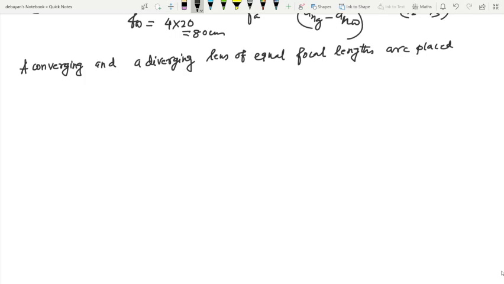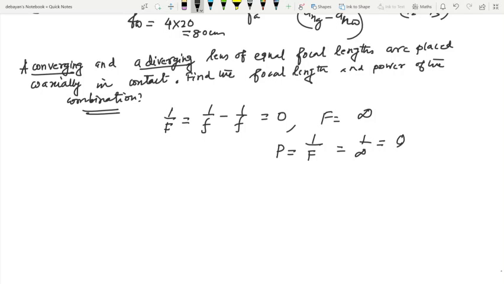That is a simple question, you know. So what do you mean by it? This is converging and this is diverging, which means the equivalent is 1 by f minus 1 by f. That is a simple question, and we can do it using that.